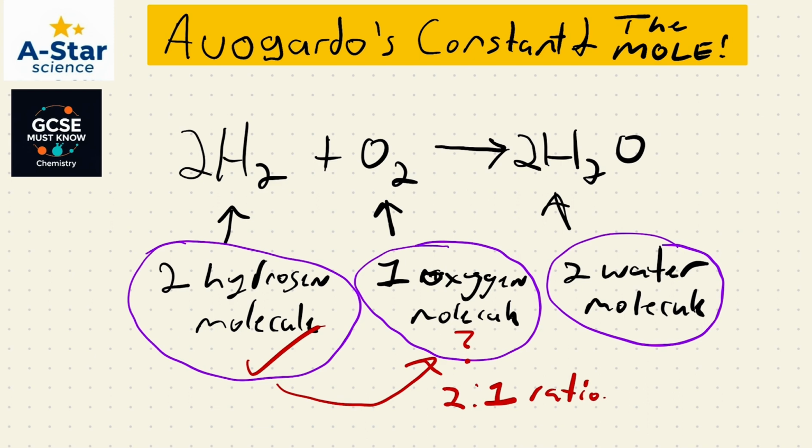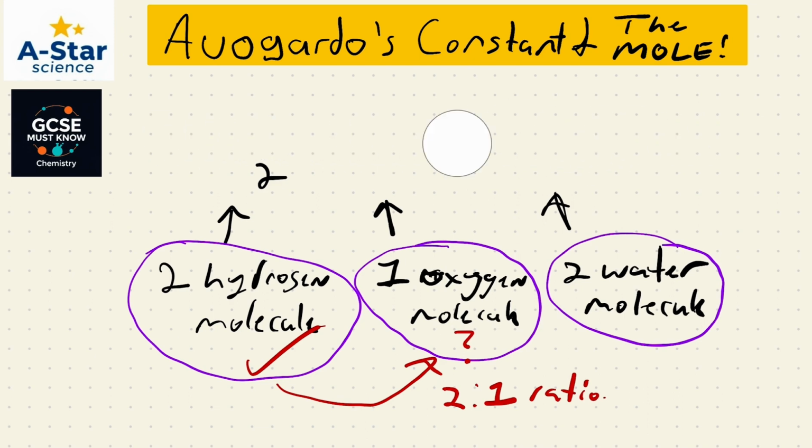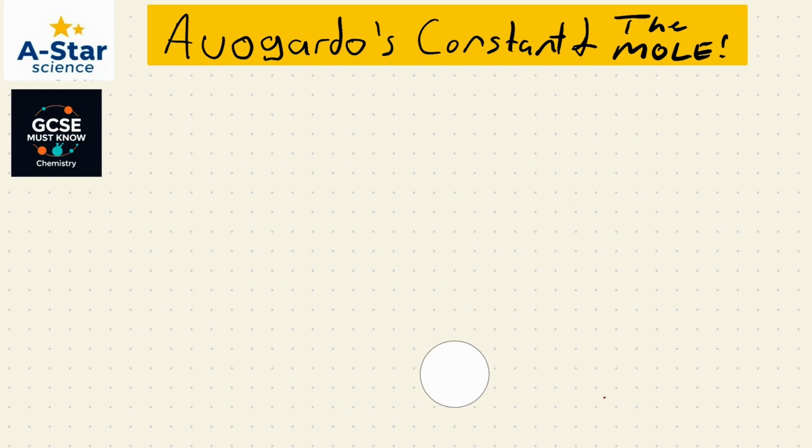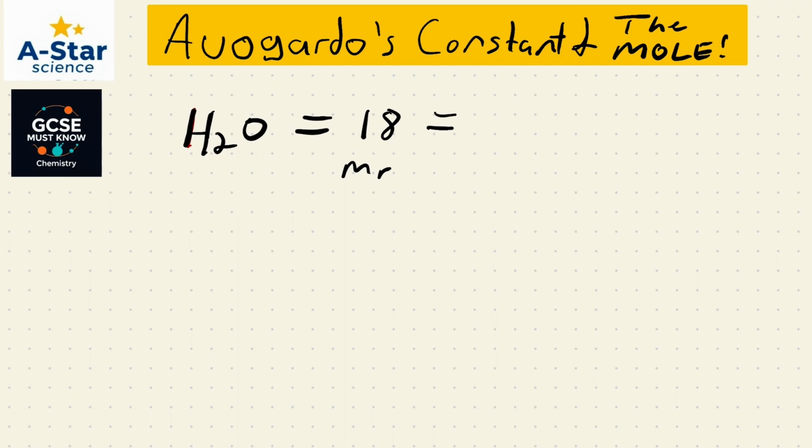Now, let's do a quick example of this. If we take a look, for example, at water, which is H2O, we know from what we said previously that the MR of water is 18. That's the MR, which is the relative molecular mass.